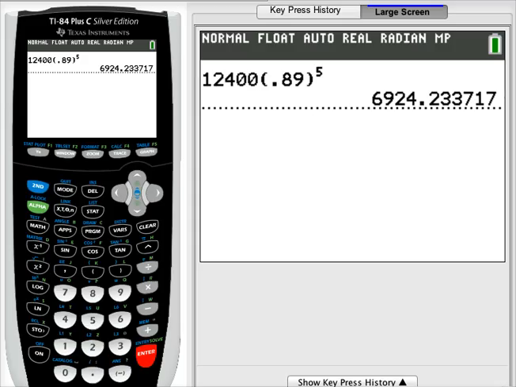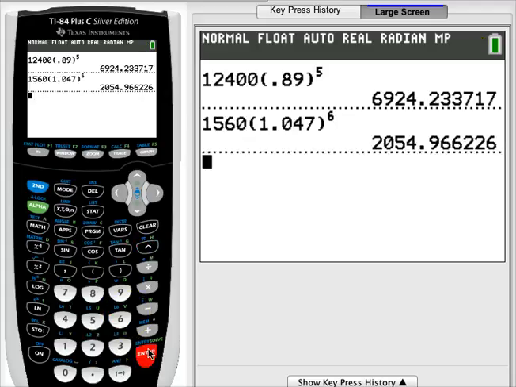All right, so let's go and type that in. 1,560 times 1.047 to the 6th power. That's going to give me 2,054.966, and so on.